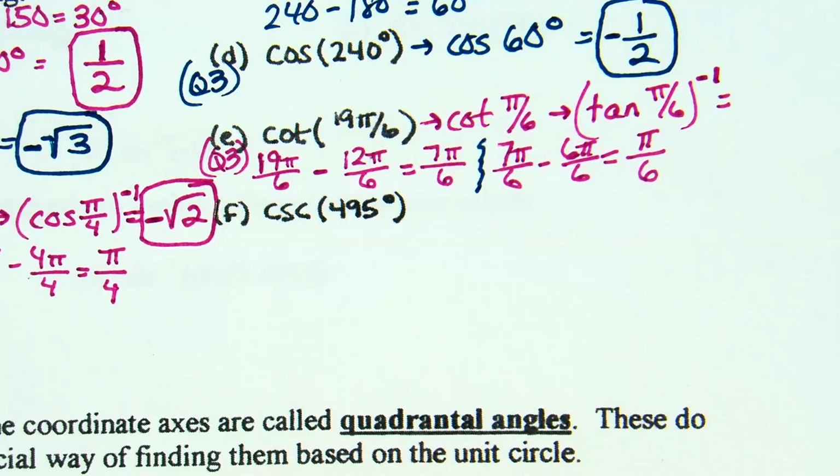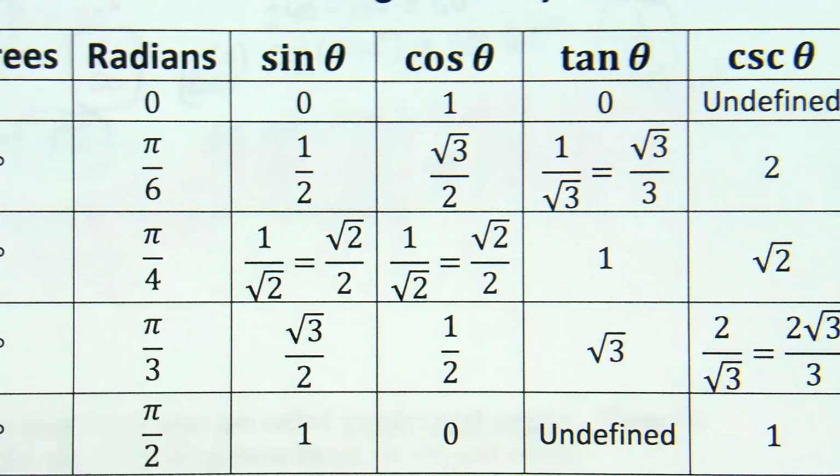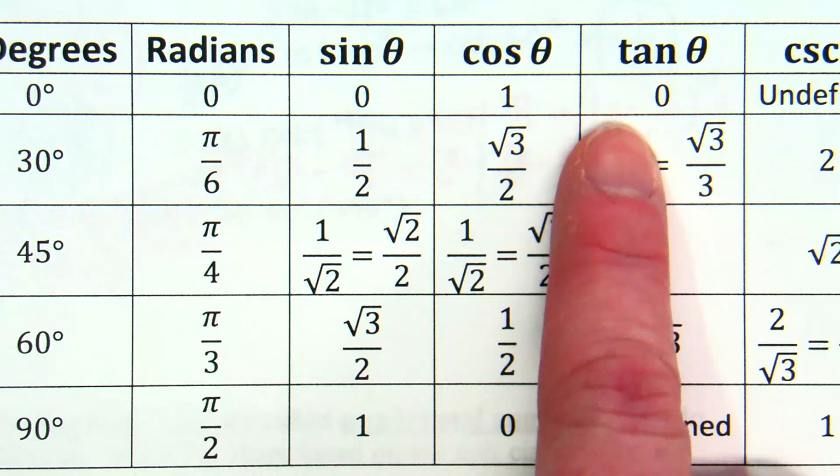Is tangent of pi over 6 on your chart? Okay, tangent of pi over 6 is square root of 3 over 3, or 1 over square root of 3, right?